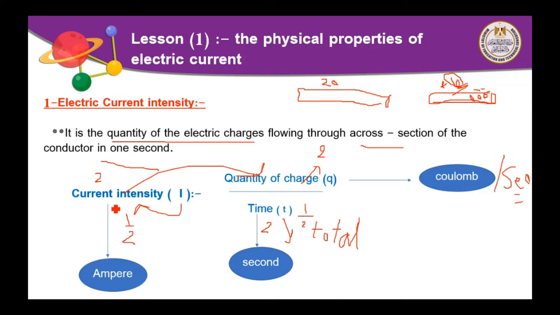The electric current intensity becomes 4 times. From this law, we know that there is a direct relation between electric current intensity and the quantity of charge, and there is another inverse relation between current intensity and the time.